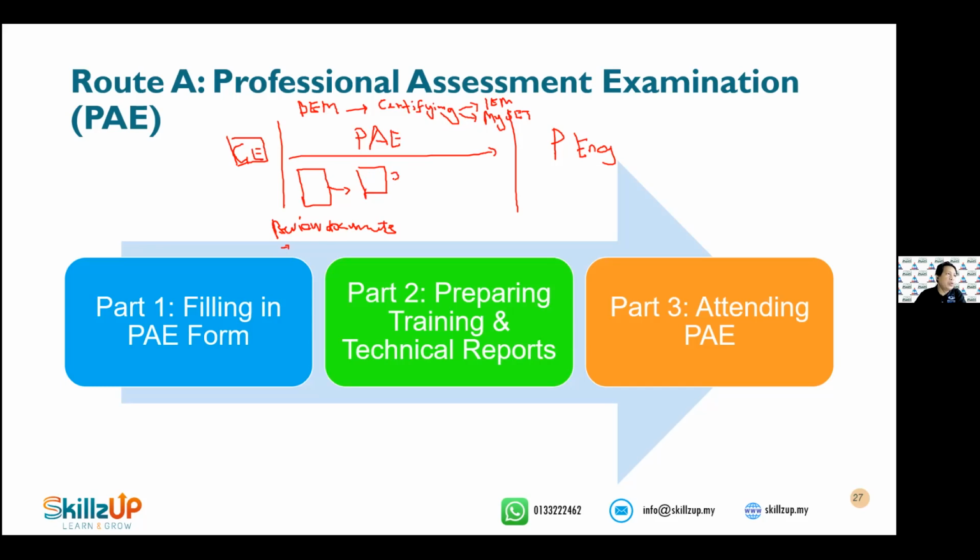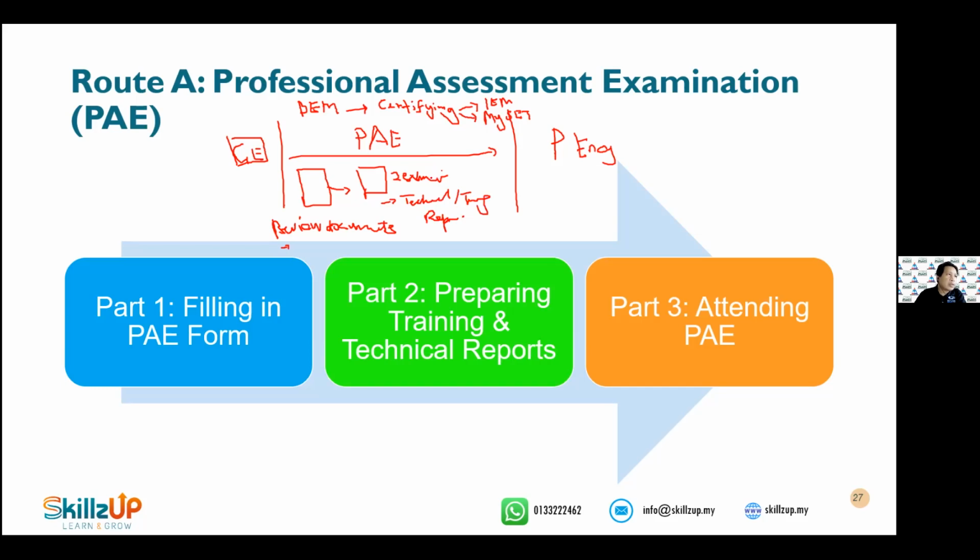So two examiners will be appointed, right? And you will be informed to provide the technical report, which is the second part, as well as training reports prior to the interview, right?